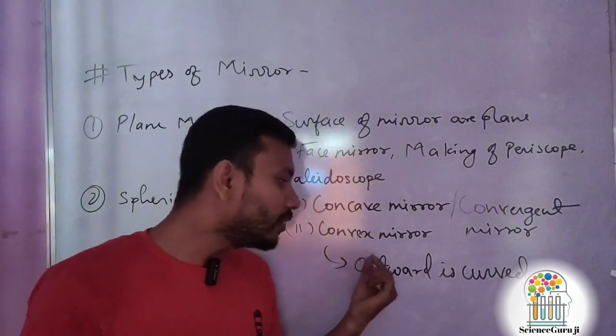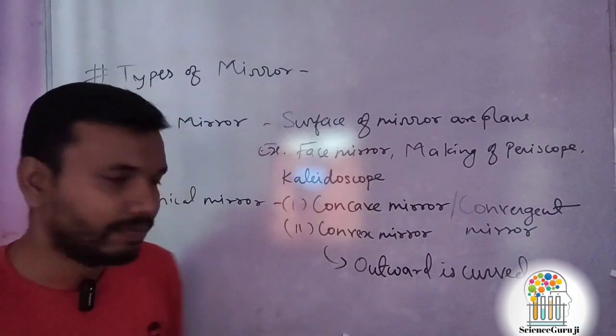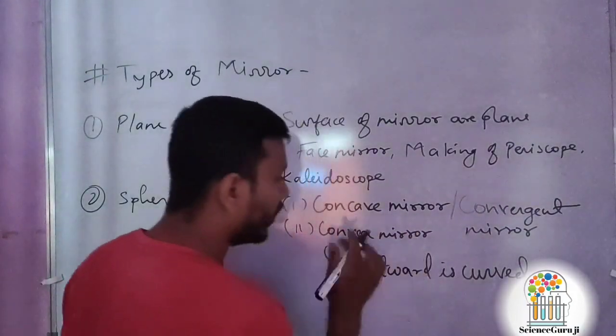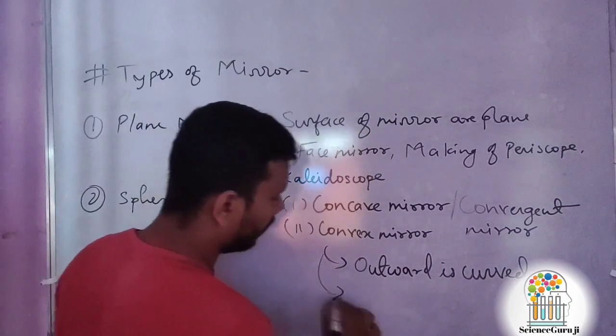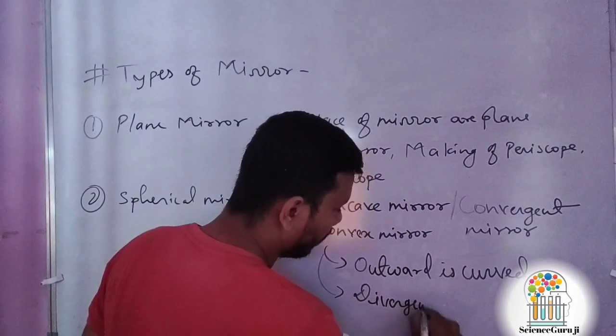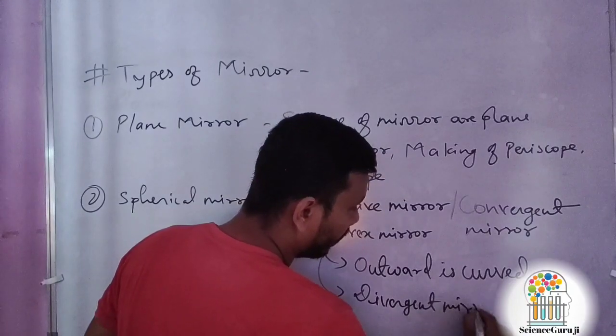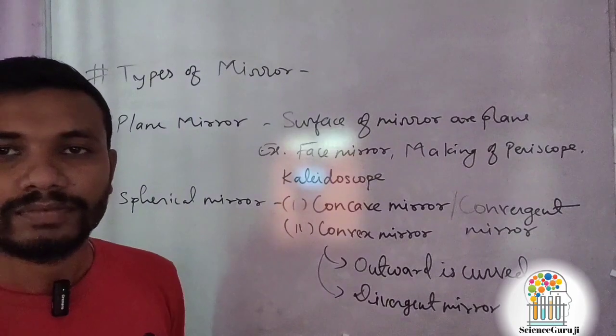Convex mirrors are also known as divergent mirrors. Why? Because they diverge the light.